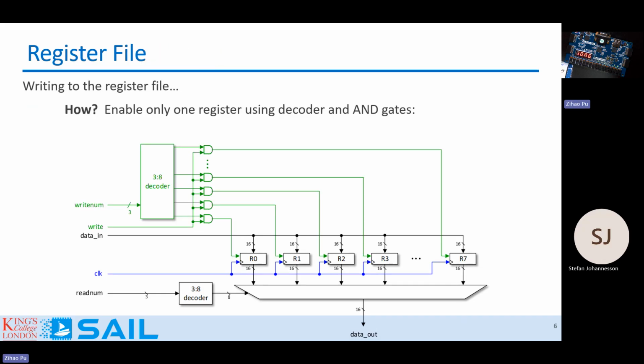We also need a write num decoder because you need to know which register to write. Each register inside this register file is a register with enable. That means only when the enable signal is 1 can the register successfully take the input numbers.